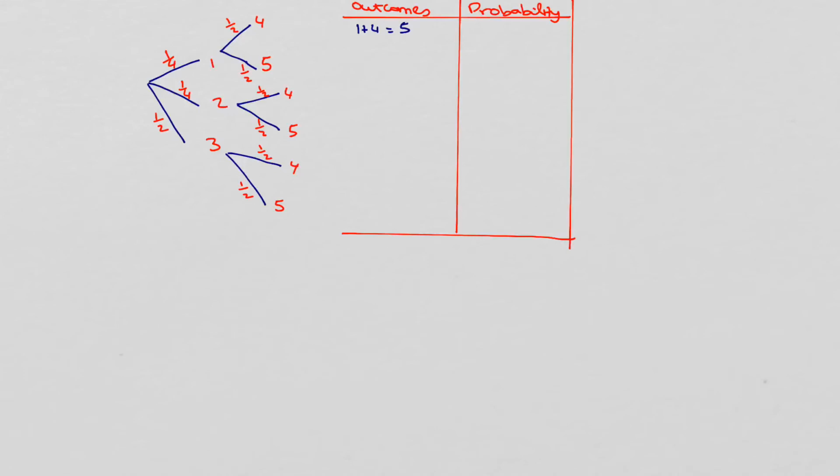So therefore the probability of that occurring is a quarter times a half, which is 1/8. My next outcome is that I could have a 1 and a 5 summing to 6, which would be a quarter times a half, which is 1/8.